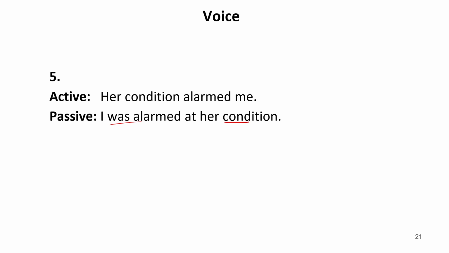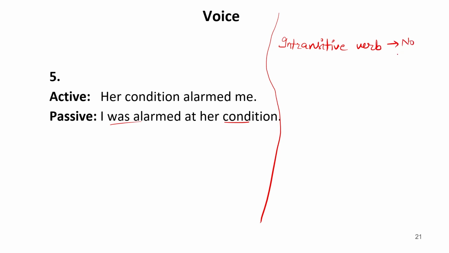So in this case, we have discussed how to convert such sentences into passive voice. Now, a very important thing that should be noted while converting a sentence into passive voice is that we cannot convert those sentences into passive voice which have intransitive verbs. Now, the sentences that have intransitive verbs cannot be converted into passive voice.